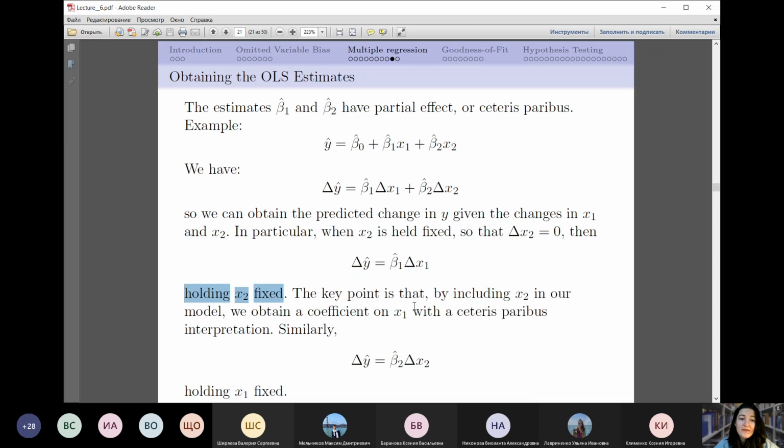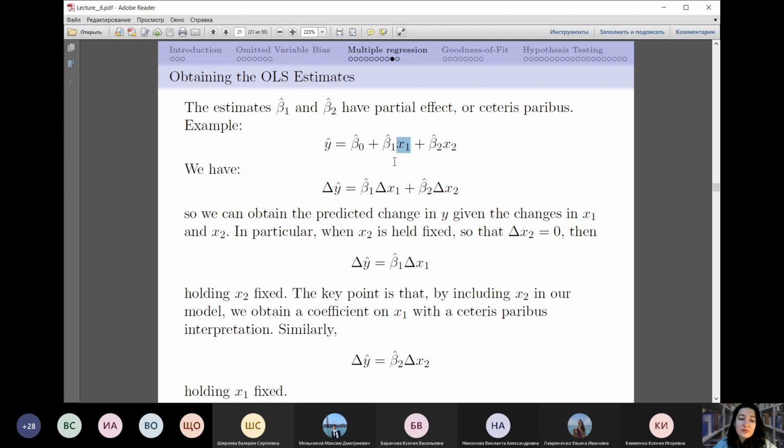The key point here is that when you include x2 in your model, you obtain the coefficient on x1 with the ceteris paribus interpretation. And similarly, the logic will be the same if you interpret x2, the effect of the second variable x2 on your dependent variable, but in this case you say that holding x1 fixed. Holding other factors fixed means the same as ceteris paribus, okay?